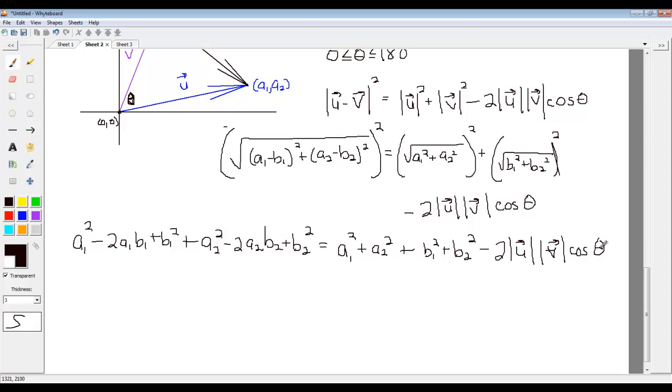So I'll start with the law of cosines. Alright, if we subtract a1 squared from both sides, these will be gone. If we subtract b1 squared from both sides, these will be gone. Subtract b2 squared from both sides, we got that. Subtract a2 squared from both sides, those will be gone. What will we be left with?